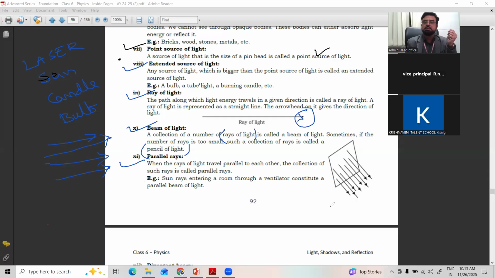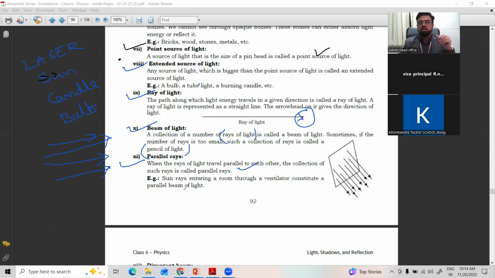Parallel rays. They are nothing but beams of light only. If one ray is parallel to another, see here, they are parallel to each other. When rays of light travel parallel to each other, the collection of such rays is called parallel rays. Sun rays entering the room through a ventilator or a window constitute a parallel beam of light.